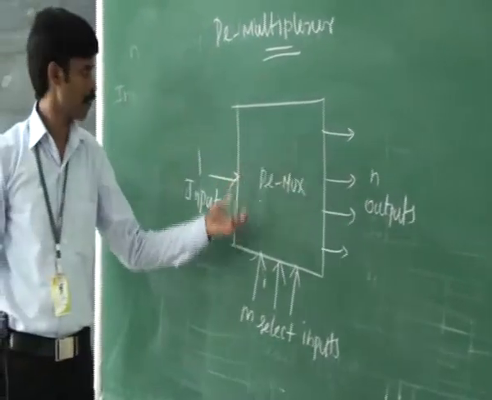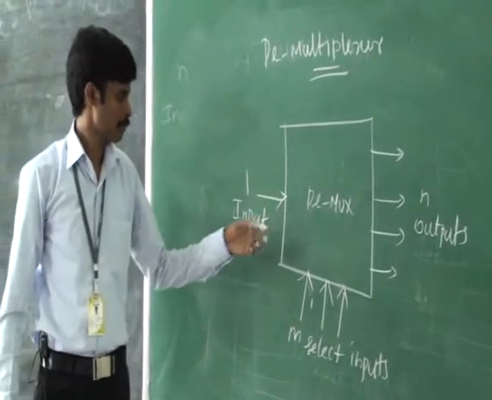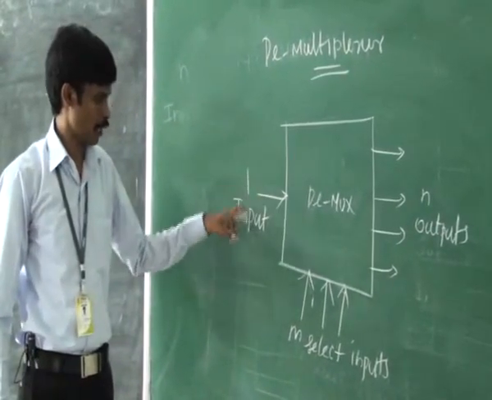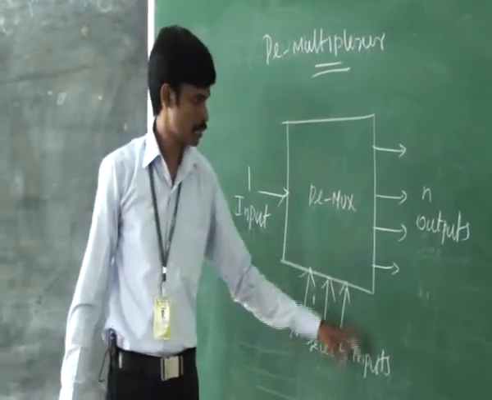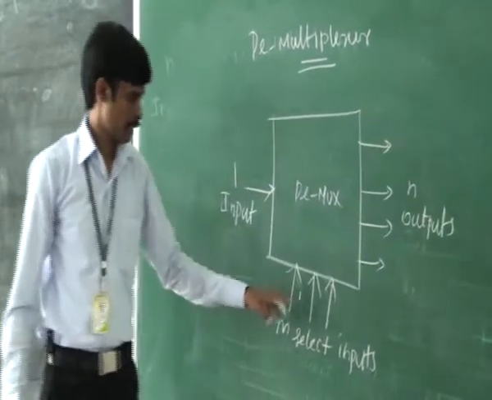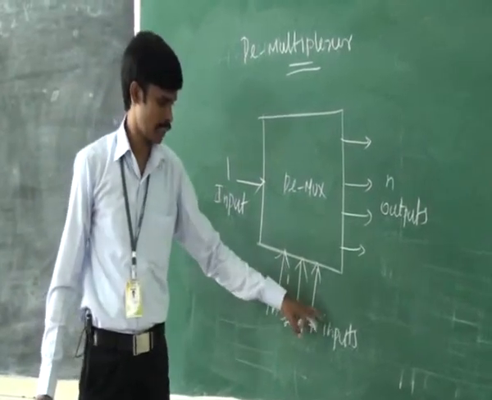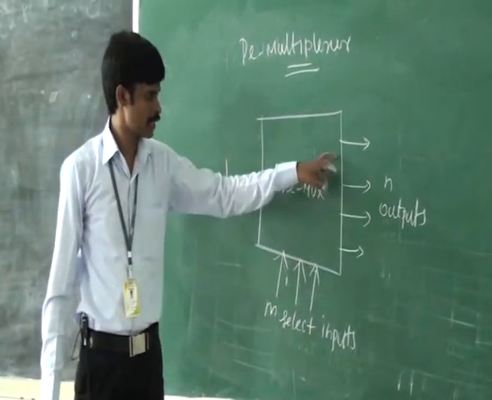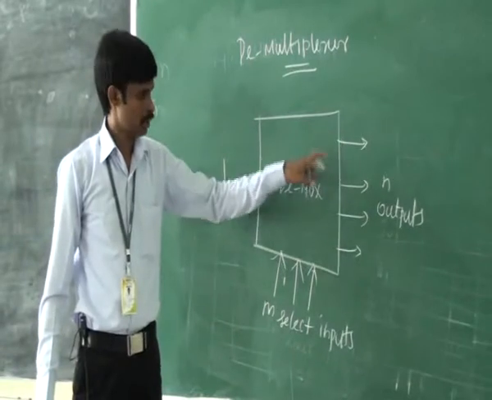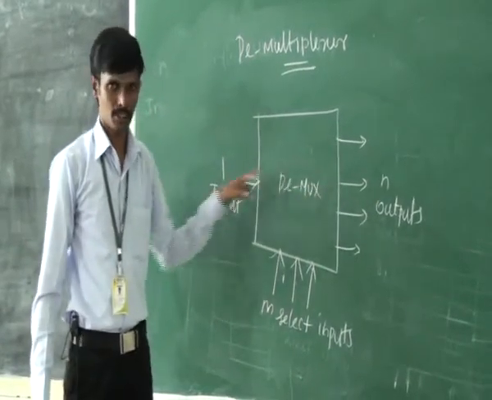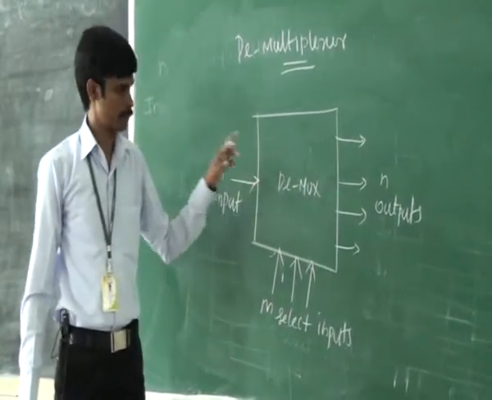This is the basic block diagram for demultiplexer. It consists of one input, m select inputs and n number of outputs. Here the selection of the particular output line is controlled by a set of selection lines. The selection line determines which output is going to be selected to receive the input.